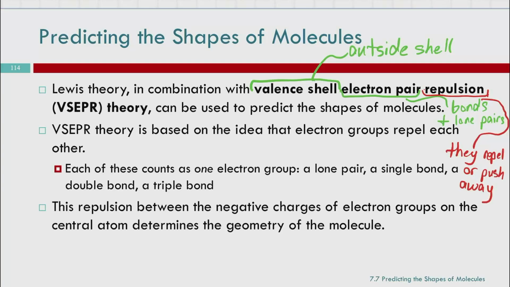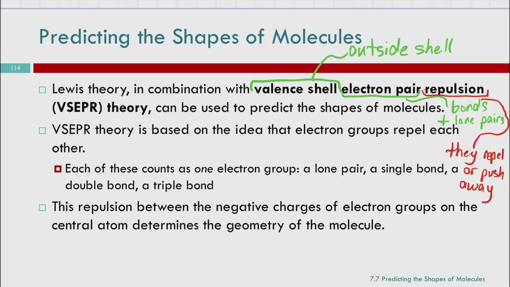So the whole idea behind valence shell electron pair repulsion theory, VSEPR theory, is that our electron groups are negatively charged. And just like magnets, if you get the negative parts together, those will push each other away. The electron groups do the same thing. So the bonds, those are electrons. Our lone pairs, those are also electrons, and so they're going to spread out as much as possible.